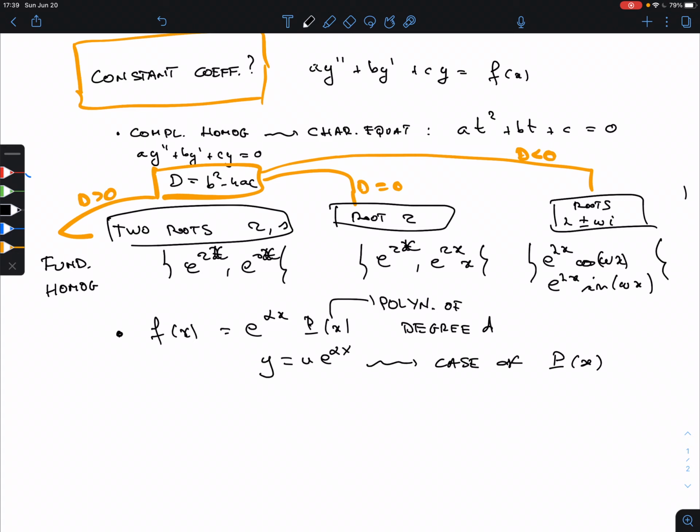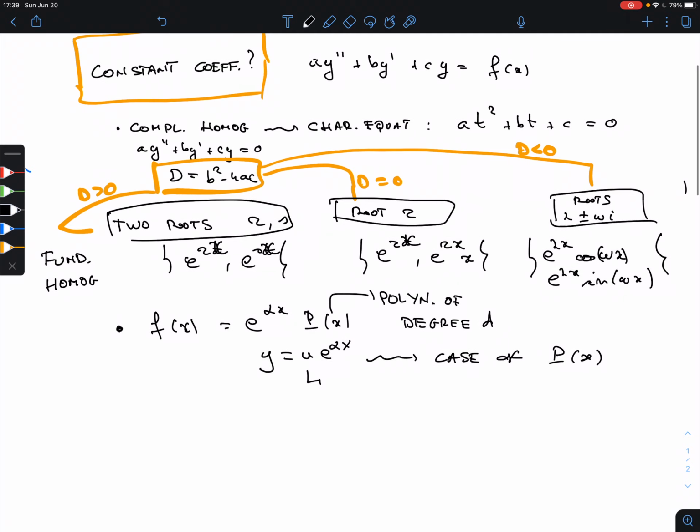So you get p(x), the e^(alpha x) will be gone, but on the other side, this is a variation of parameters, right? So the variation of parameter u. This will give you a linear constant coefficient differential equation in u, which reduces to the case where the forcing function is just p(x).